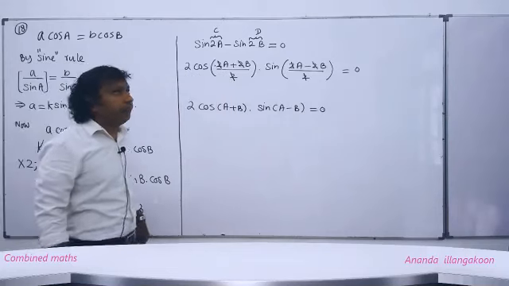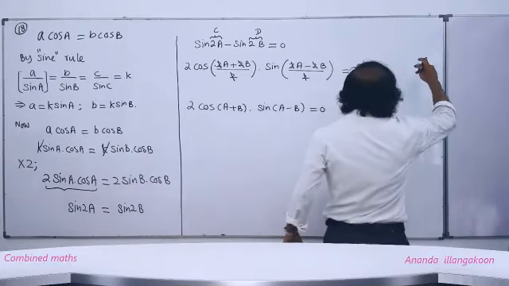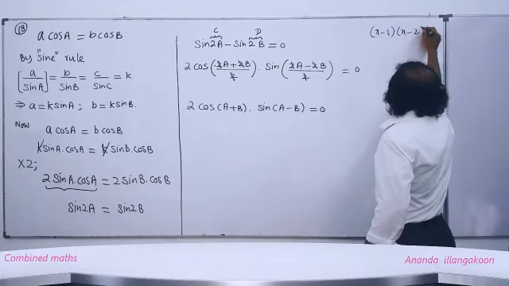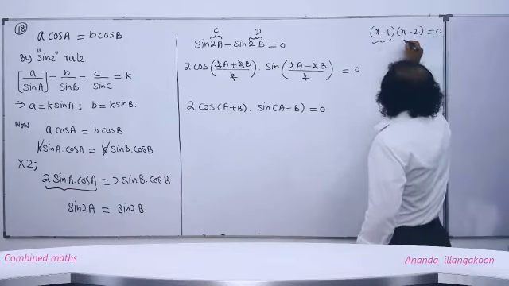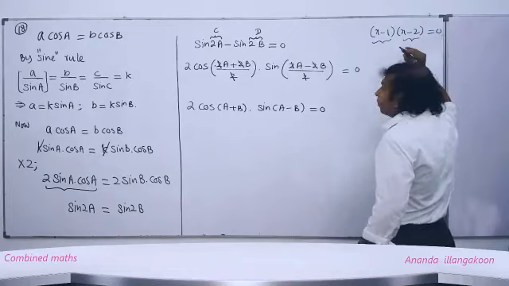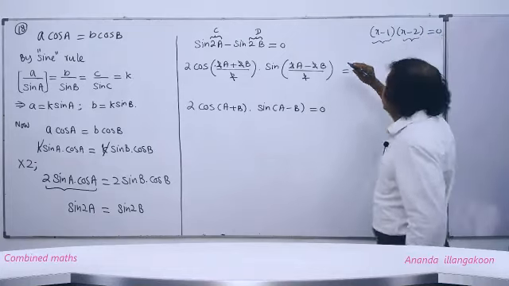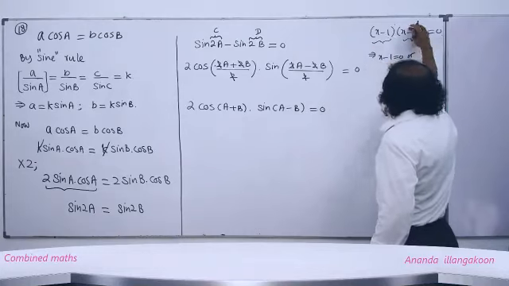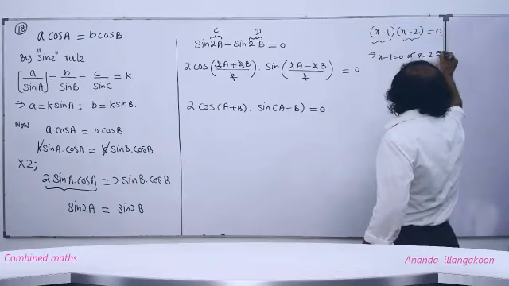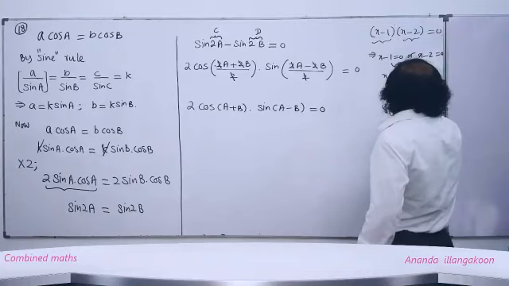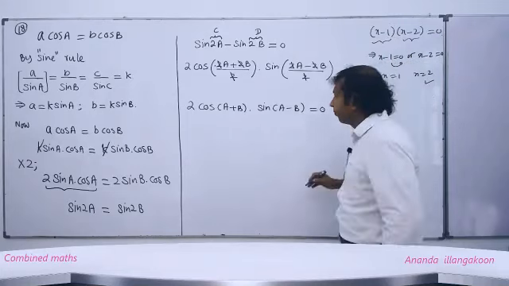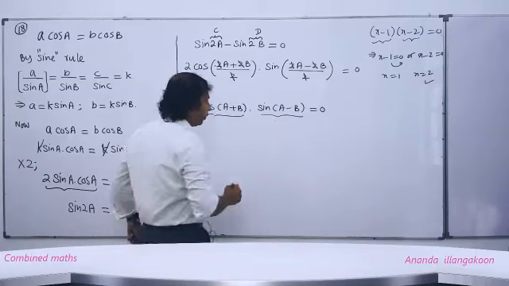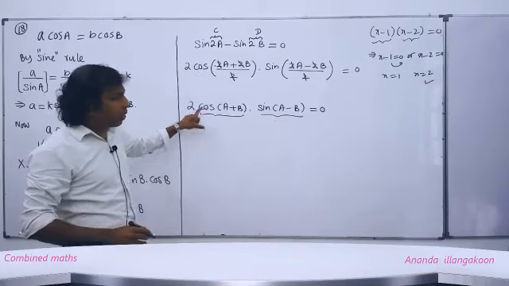In a quadratic equation, when you solve, if you have something like this multiplied by this, the product is 0, then you take solutions: either this is equal to 0 or this is equal to 0, then we get x equals 1, x equals 2. Like that, this multiplied by this into 2, the product is 0.